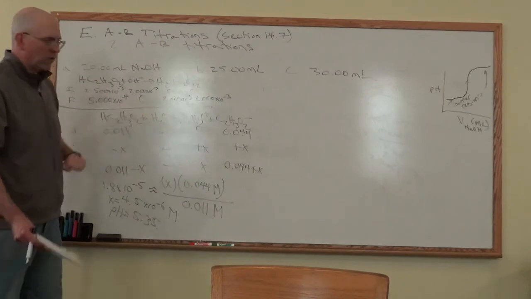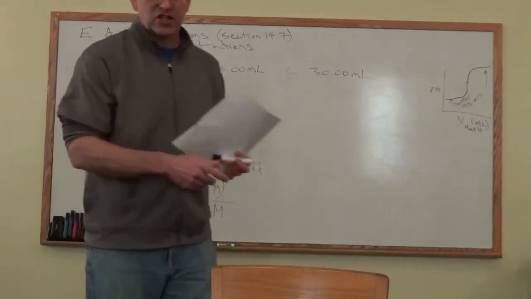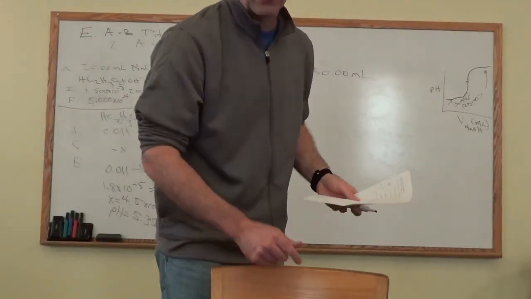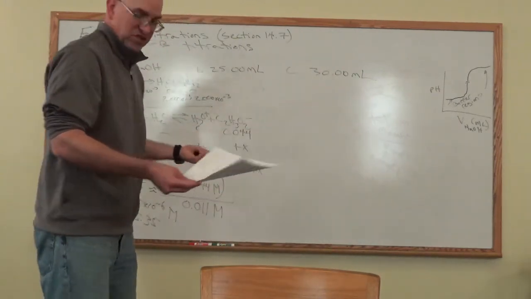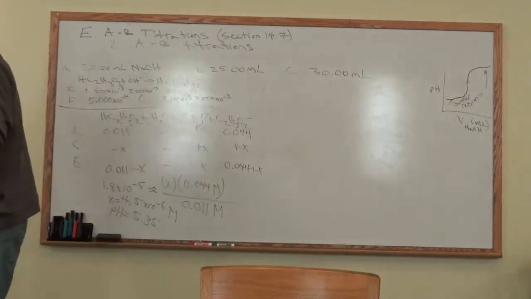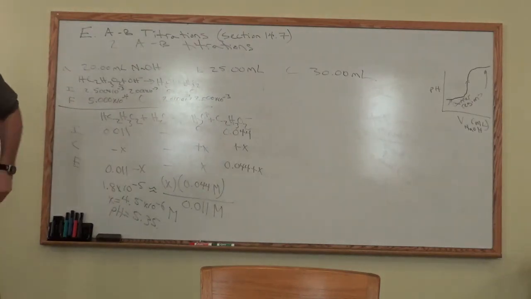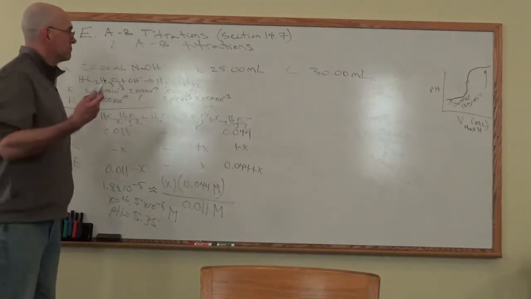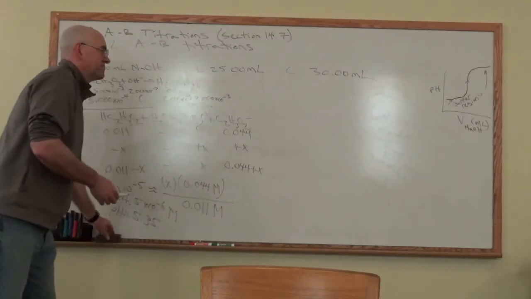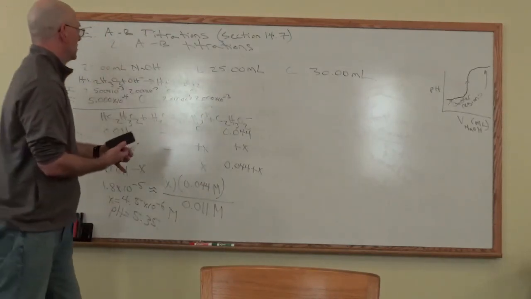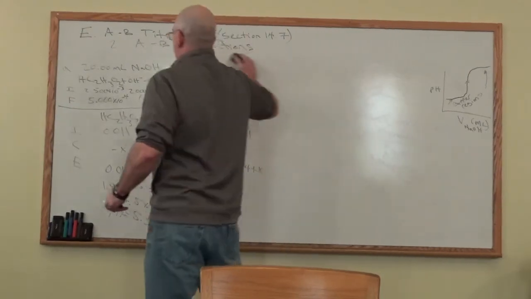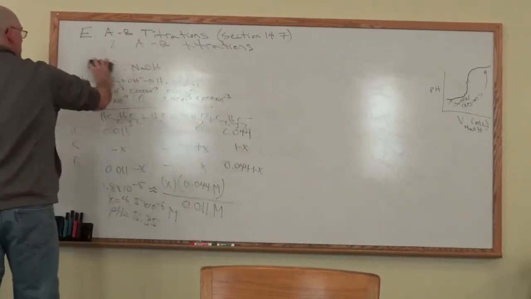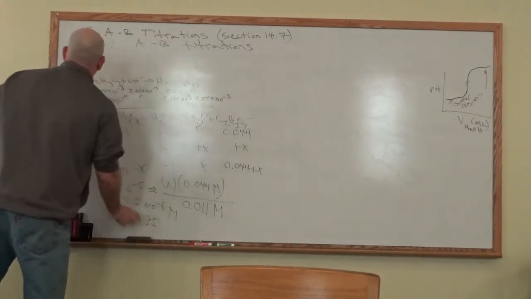So this is how you do before the equivalence point, and let's finish off the last two because the video is getting super long. And if you know what you're doing, if this makes sense, then just ignore this, as long as you can do the problems. All right, so again, that was dumb to try to do all of this. I tried, it didn't work.